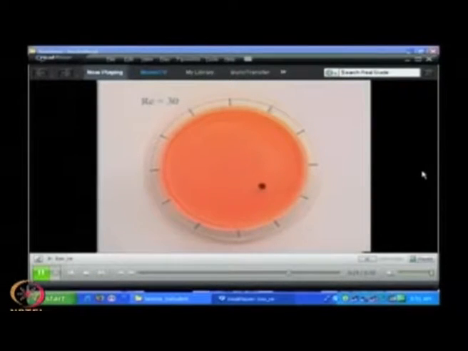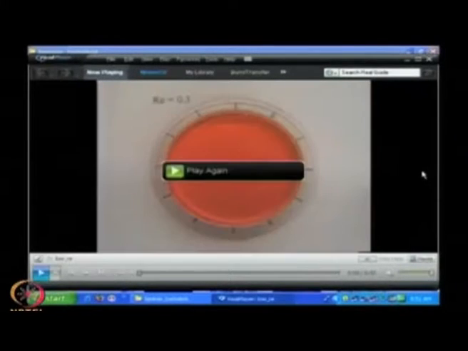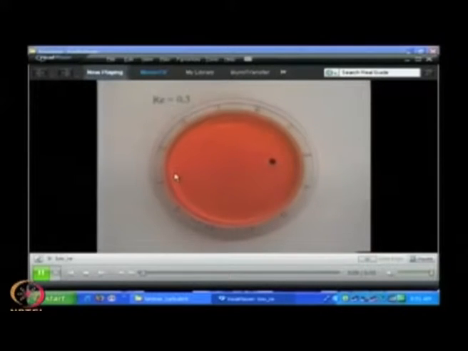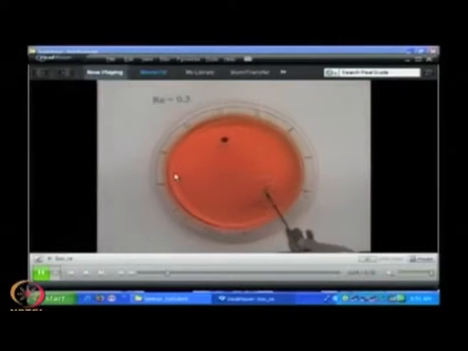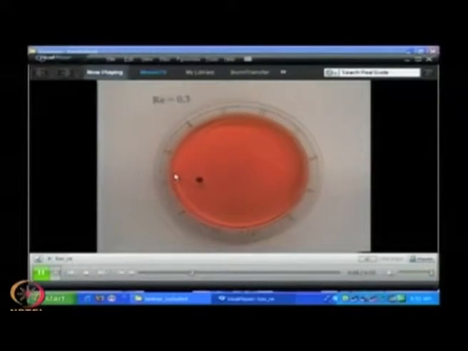This marker is important because it is a sort of indicator or visualizer of the flow, and you see that the marker has a very regular type of motion, unperturbed by the disturbance that was created initially, and this disturbance was forcefully created.